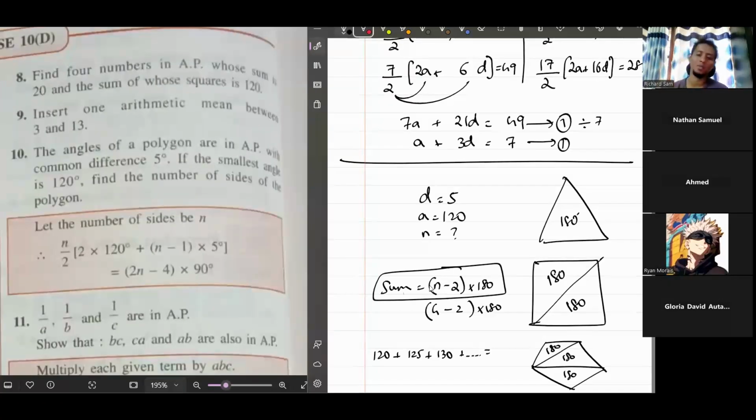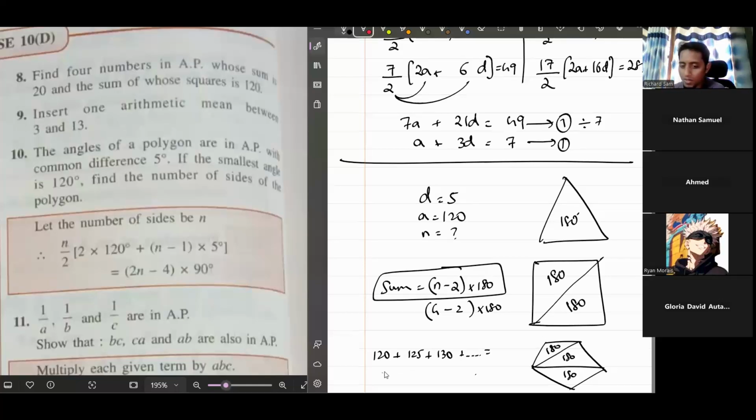Now, how much do you have to add like this so that the total sum will match this formula? Do you understand the question? You have to keep adding like this, and we don't know the number of terms in this AP, but we know that the sum will be n minus 2 into 180. So this is the formula to find the sum of angles of a polygon, and we also have a formula for the sum of an AP.